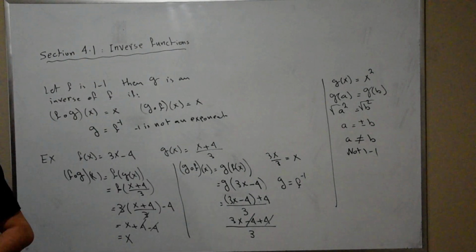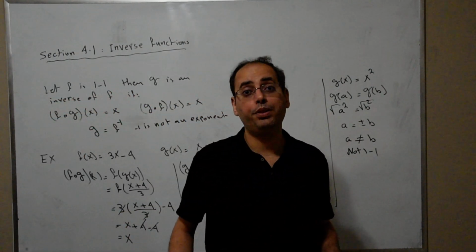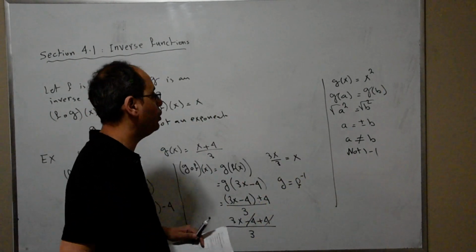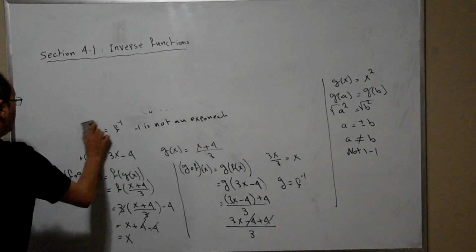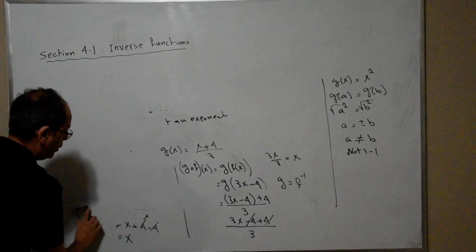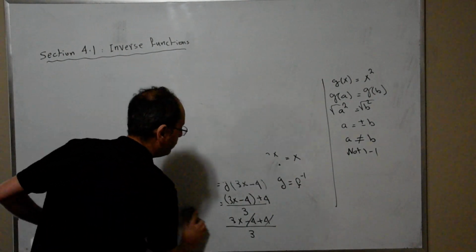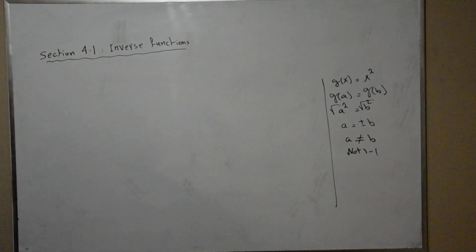In order to get the inverse of a function, I knew from the beginning that the function must be one-to-one. So the first condition is for the function to be one-to-one. There are some steps for how to find the inverse function. I'm going to go through them one by one right now.